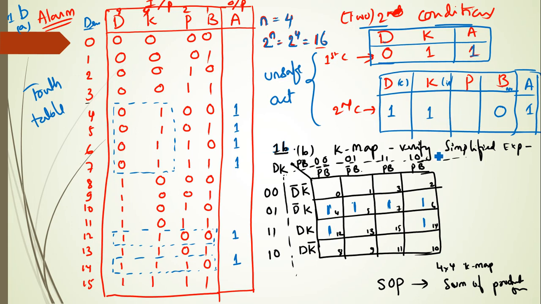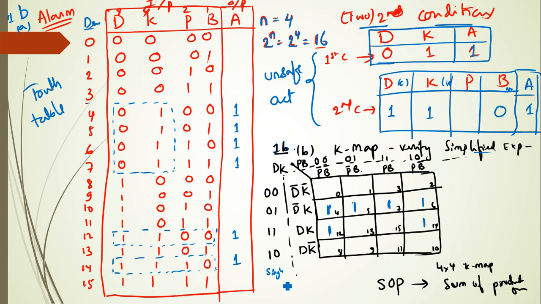But to verify the simplified expression, first you have to bring out the expression for this. How? After drawing the K map, you have to follow some rules. One is singles, which do not form a grouping with anyone.